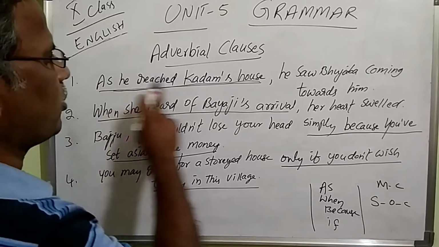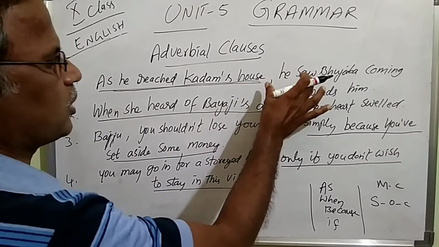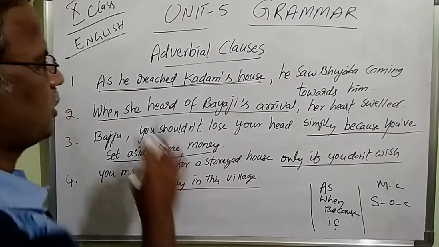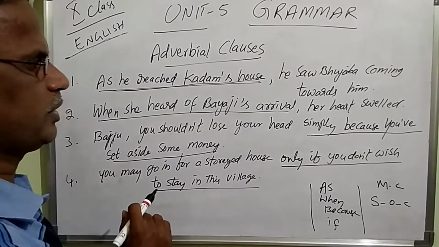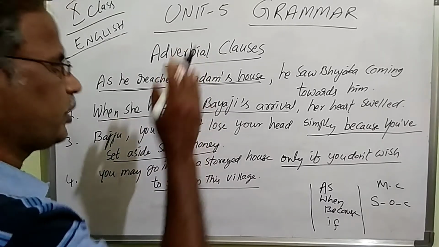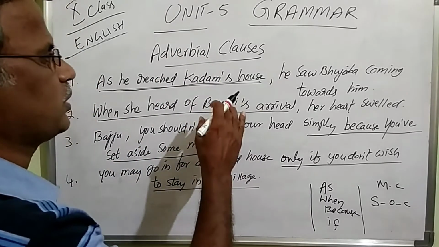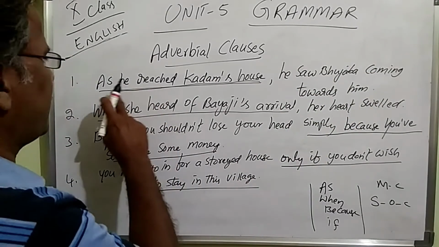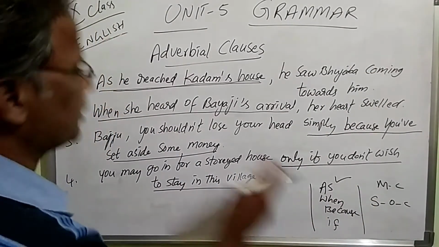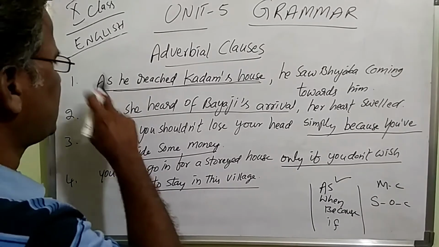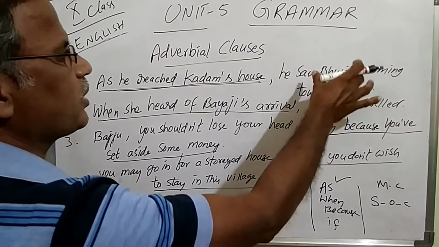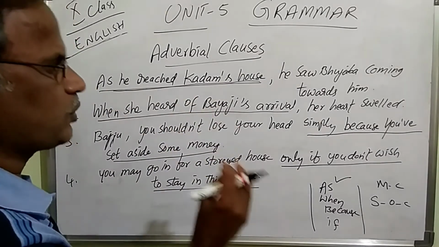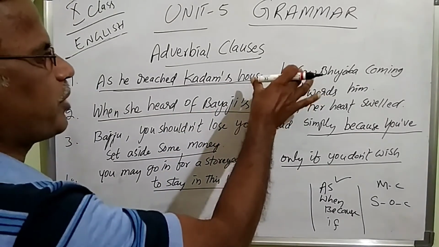So two clauses are there in this sentence. The first clause, "as he reached Quadam's house," doesn't give the complete meaning itself. To receive the complete meaning, something must be added. Here "as" is used as a conjunction and combines the two separate clauses.